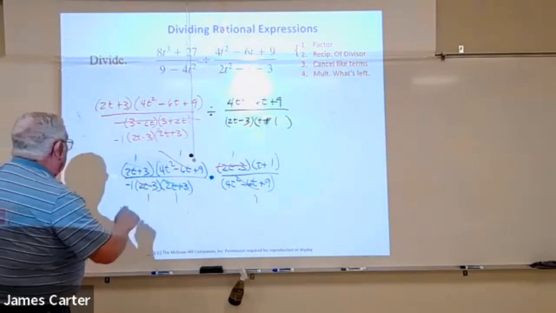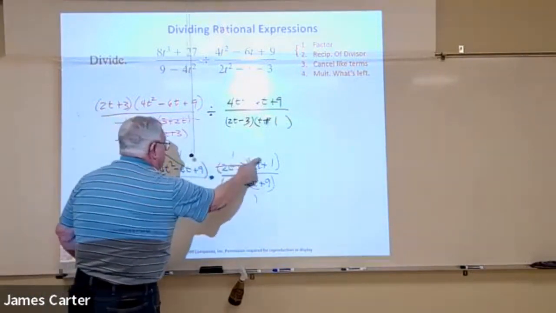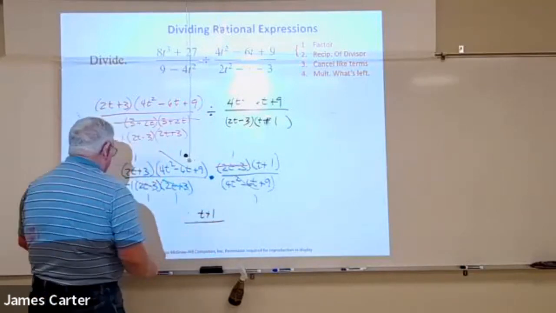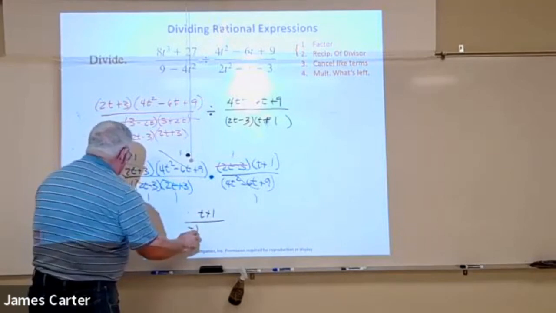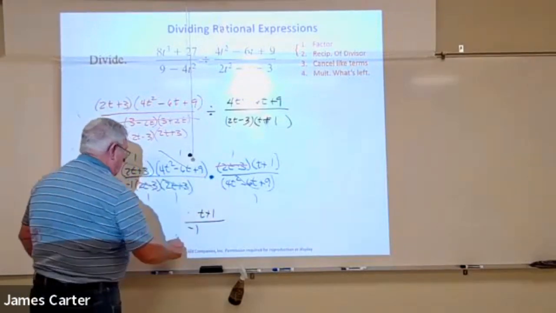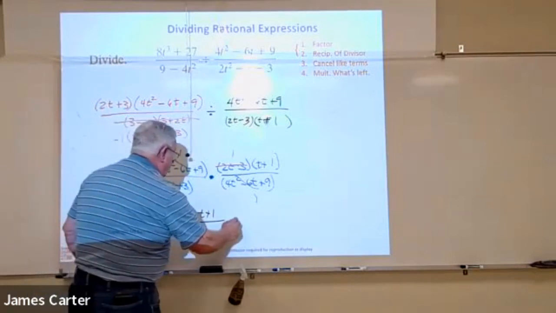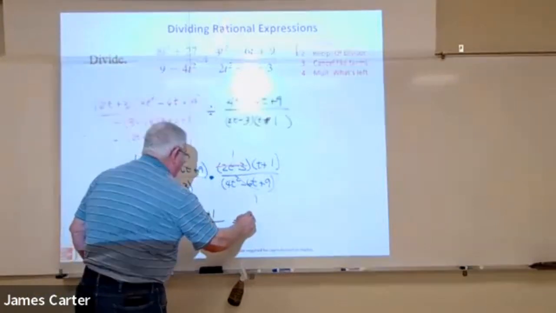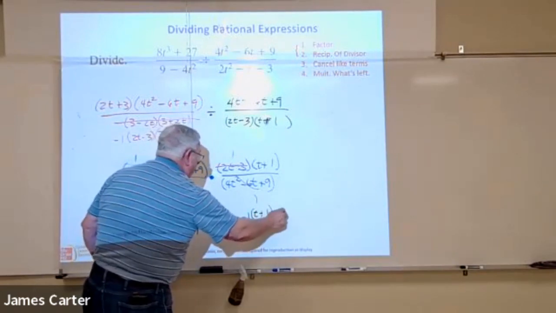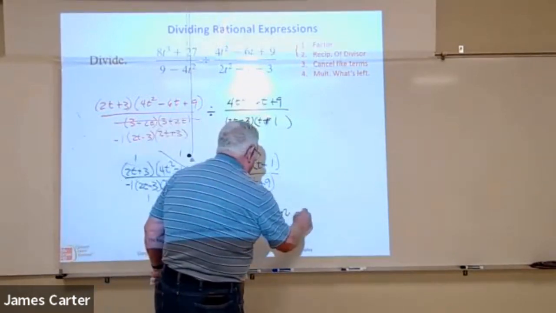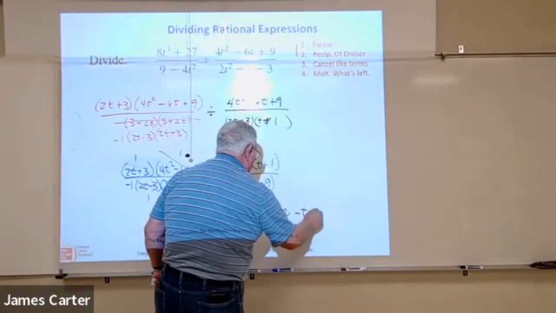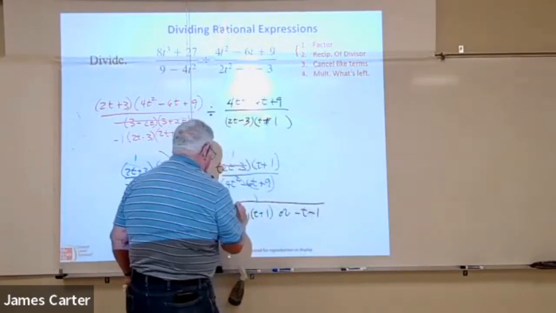We got 1, 1, 1, t plus 1 over negative 1, 1, 1, 1 over this negative 1. So the answer then is negative 1 times t plus 1, or better yet, negative t minus 1. Either one of these two answers.